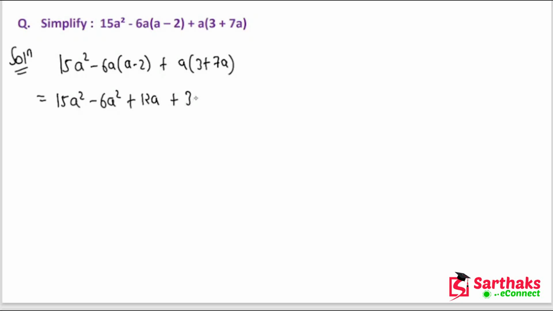Similarly, a into 3 would be 3a, and a into 7a would be 7a square. So 15a square minus 6a square would be 9a square. 9 plus 7 would be 16. So 16a square, and then 12a plus 3a, that is 15a. Okay, so it would be 16a square plus 15a. So that is the simplified version.